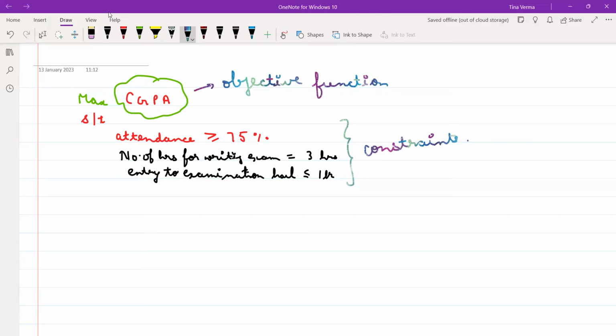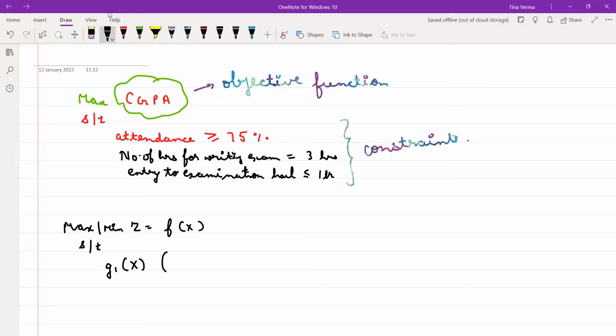Since this is the general term and we are talking about mathematical terms, this CGPA or objective function should be in some mathematical form. So how can I write it? I can write: maximize or minimize whatever I want to. The function that I want to maximize or minimize, I call f of x. Z is just the name of the variable in which your values will get stored. Subject to conditions, the condition can also be a mathematical term, g1(x).